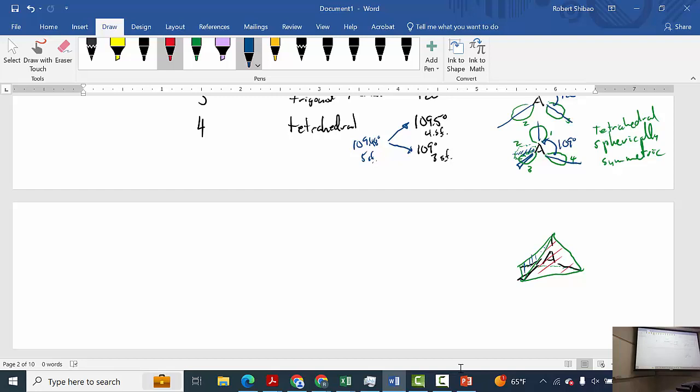And so we end up with four faces on this. Can't see the one behind there that well. One more color.